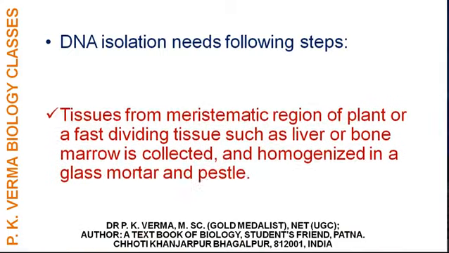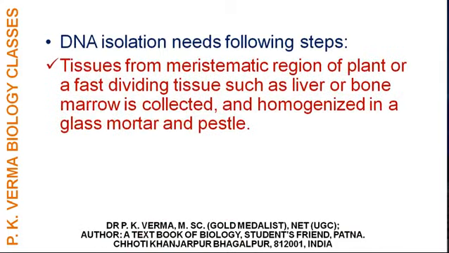DNA isolation needs the following steps. Tissue from the meristematic region of a plant or a fast dividing tissue such as liver or bone marrow of an animal is collected and homogenized in a glass mortar and pestle.